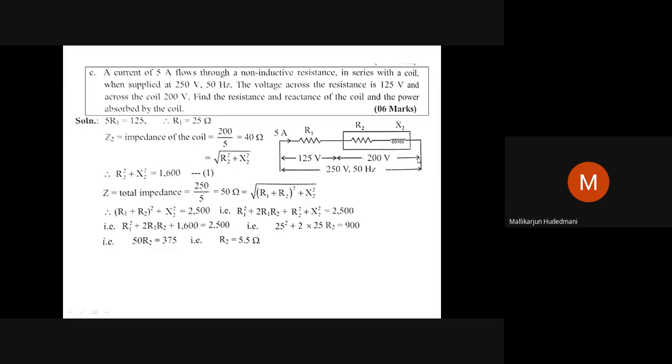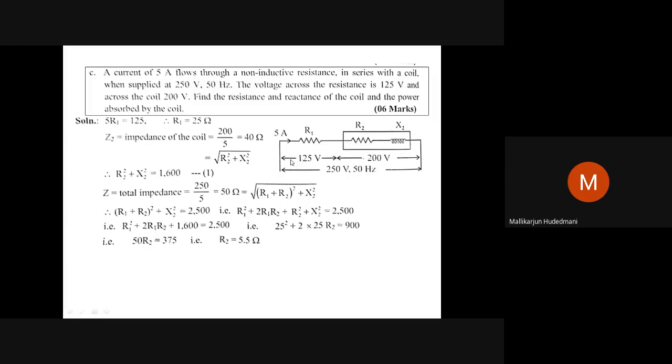If we add these two, will it represent 250? No, these are just the voltage across this resistor and the voltage across this coil. You cannot add them arithmetically. They should be added vectorially. Therefore, these two, if you add up, will not result in 250. That is the first thing you have to understand.